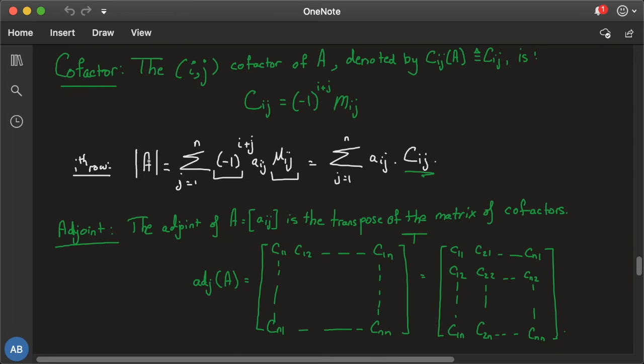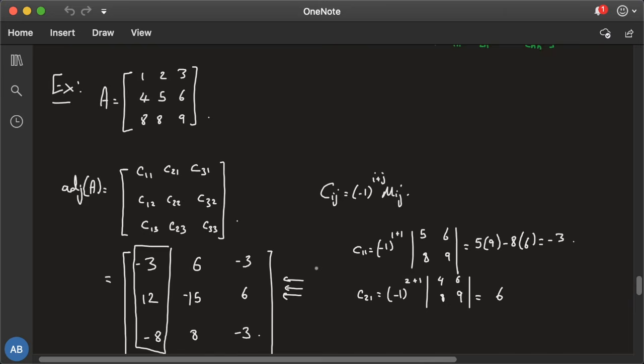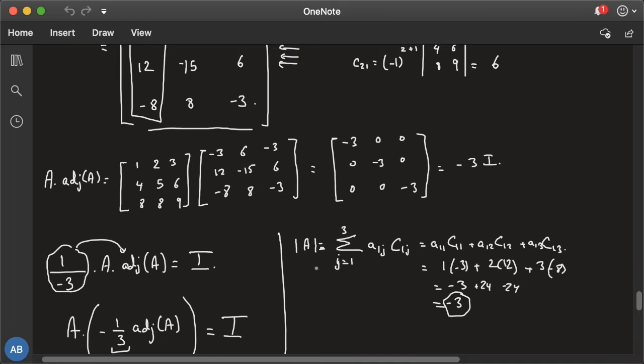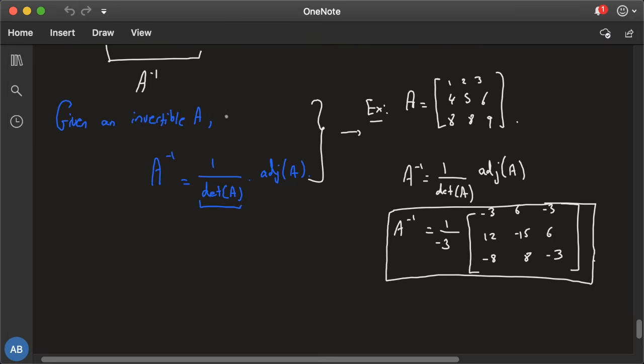So the determinant is also a linear combination of the cofactors of the matrix. We introduced the adjoint of a matrix, that is nothing other than the transpose of the cofactor matrix corresponding to A. Last but not least, through an example, we saw that we can write the inverse of a matrix as 1 over the determinant times the adjoint of that matrix.